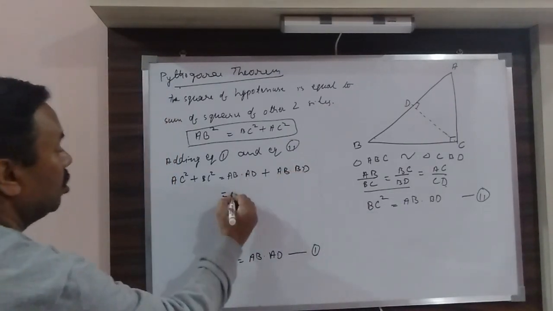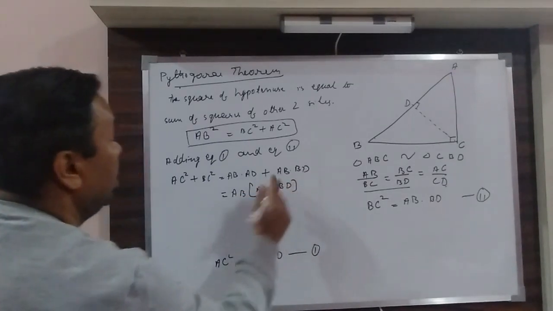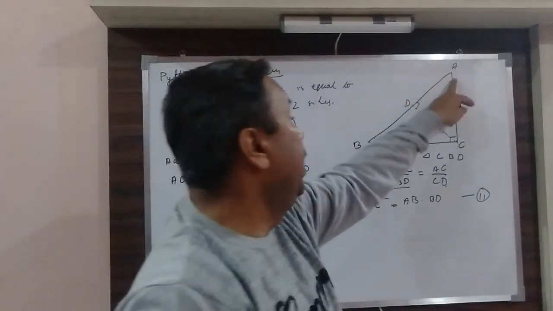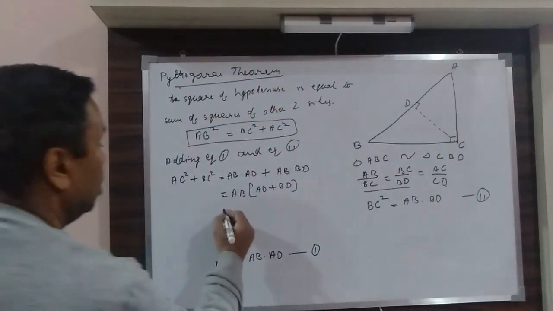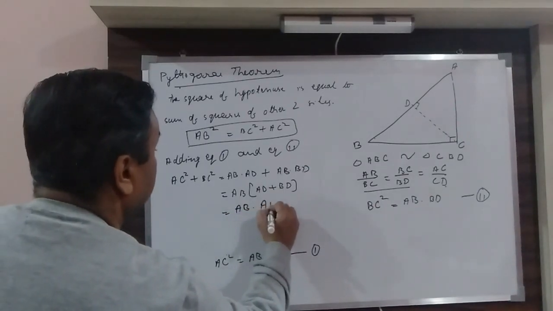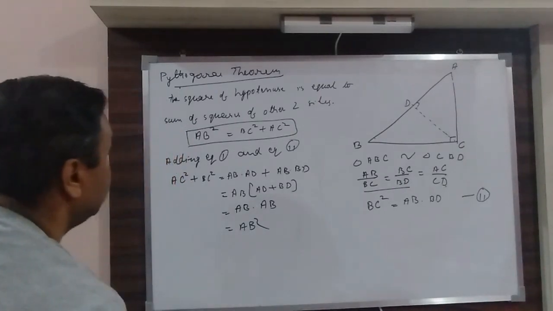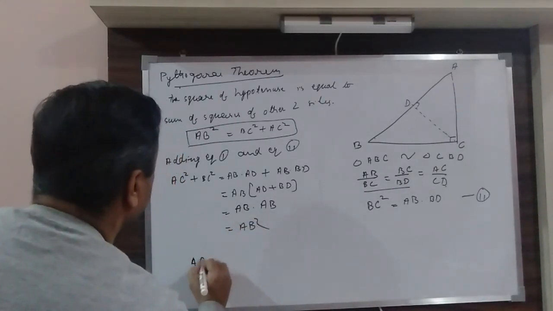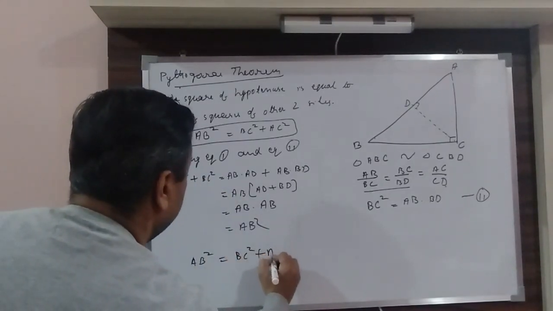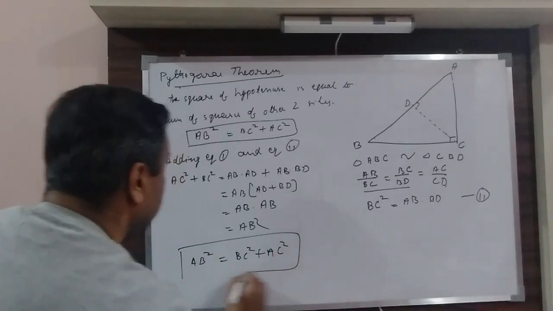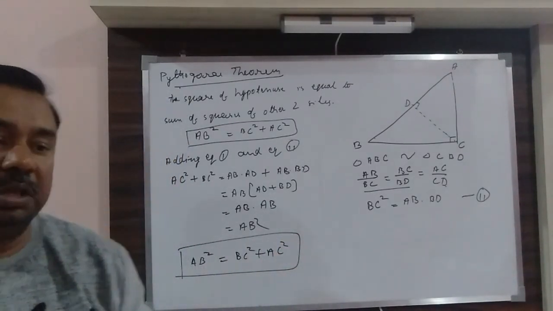I can take AB as common, AD plus BD. And AD plus BD is actually AB. So this is equal to AB into AB, or AB square. So AB square is equal to BC square plus AC square, which is popularly known as the Pythagoras theorem.